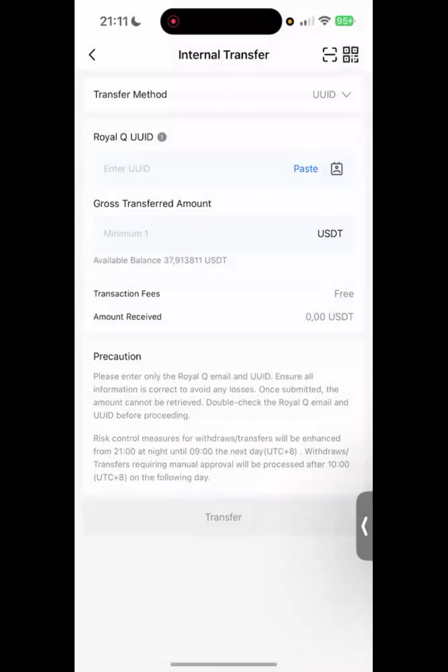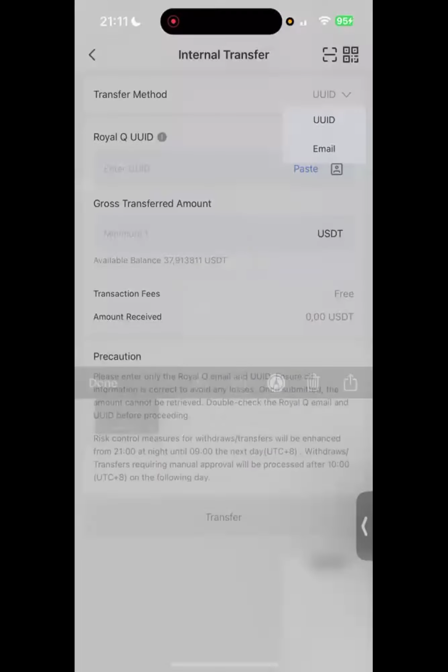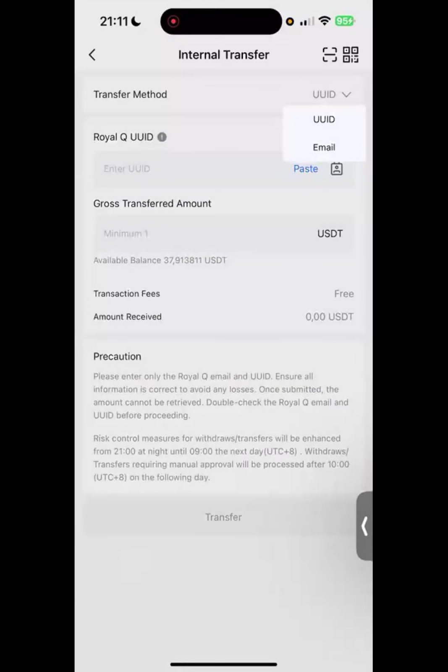In Germany here, I have to withdraw from dawn around 2 a.m. till 3 p.m. But once I withdraw after 3 p.m., we enter into the risk control session. If you want to use UUID or email, you select what you want to use and you can save the contacts, either UUID or email. You could save it so that anytime you want to withdraw, it's easy for you.